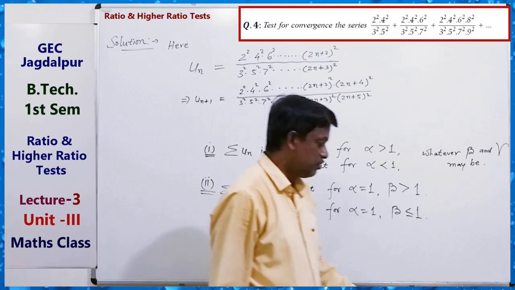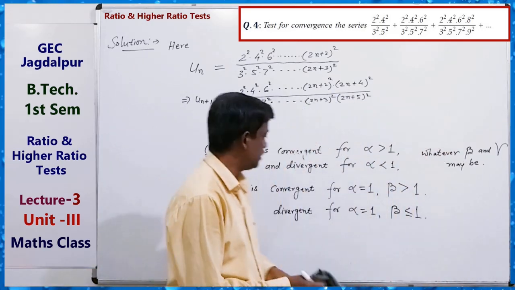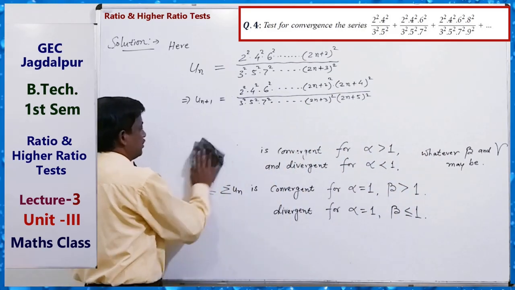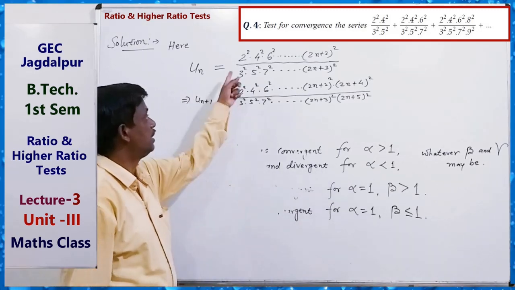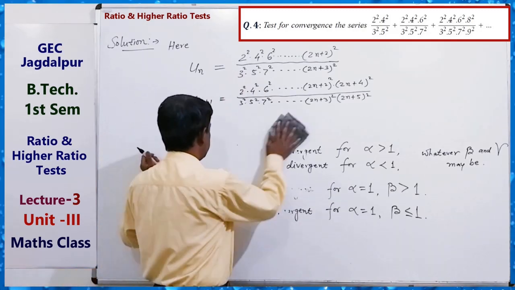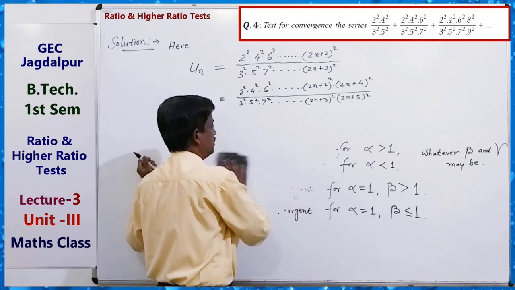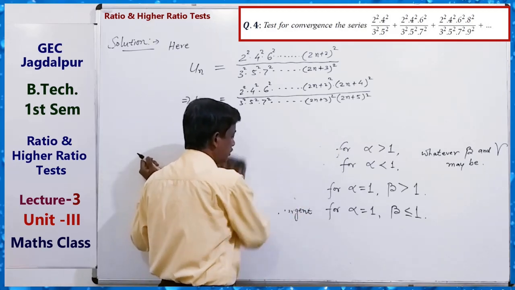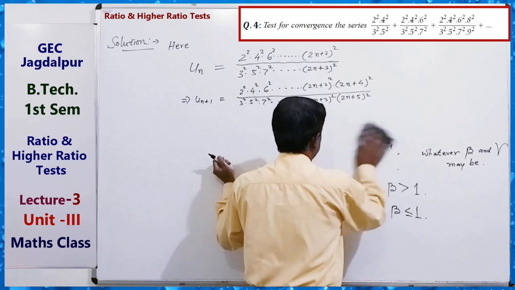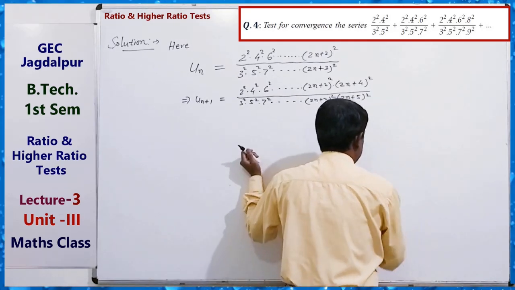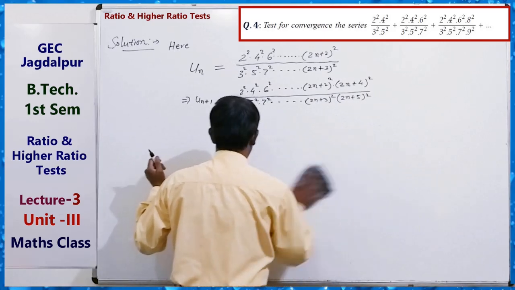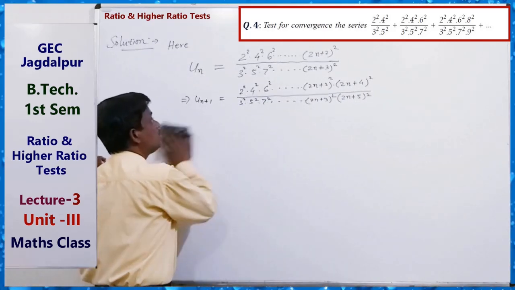Now one by one we have to test. Here, the main thing is writing the nth term. The first term is obtained using two terms.